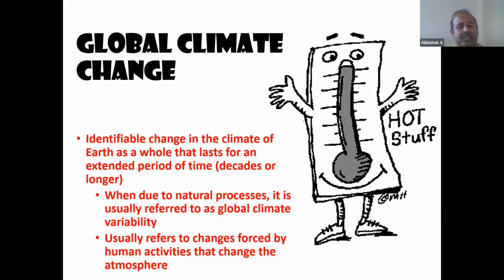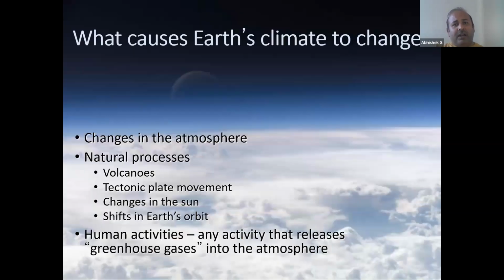In the majority of cases, it's basically due to natural processes. But we mostly cannot control the natural processes which create climate change. But we can control the human activities that change the climate. So climate change is an outcome of natural processes as well as human activities.